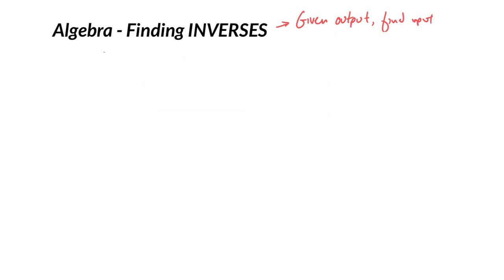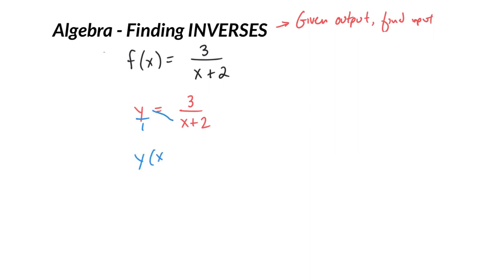Let's do this example. f is equal to 3 over x plus 2. So y is equal to 3 over x plus 2. Now I might think about cross-multiplying here and saying y times x plus 2. And I'm just going to write it like this. I'm not going to distribute it. And remember, we're solving for x, so we could divide both sides by y.